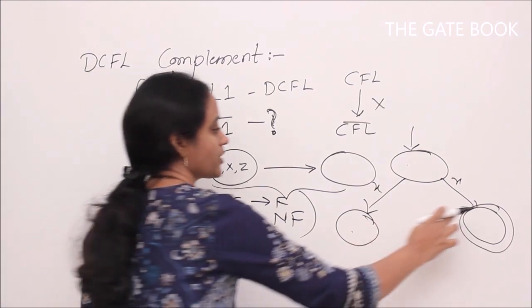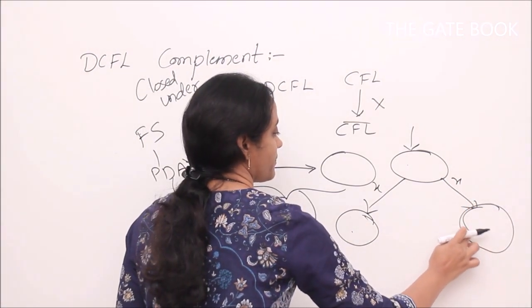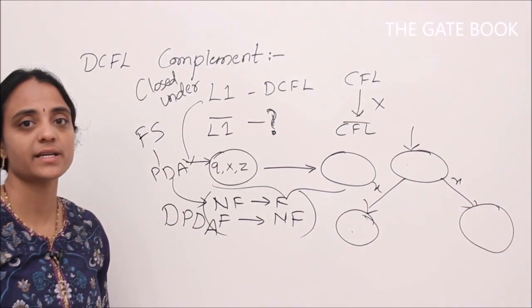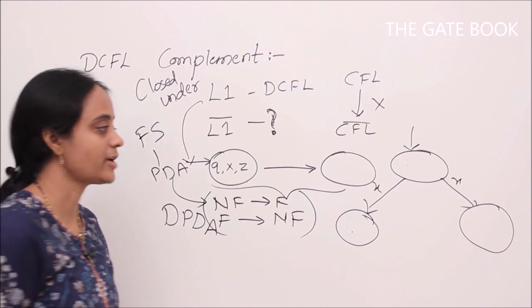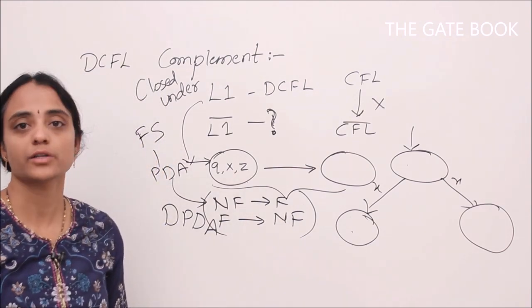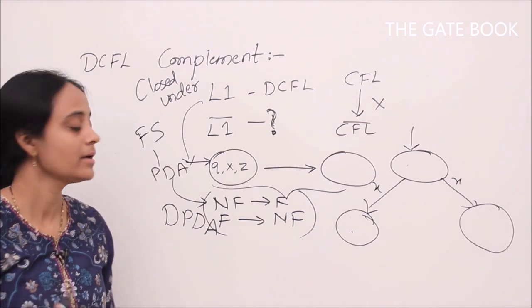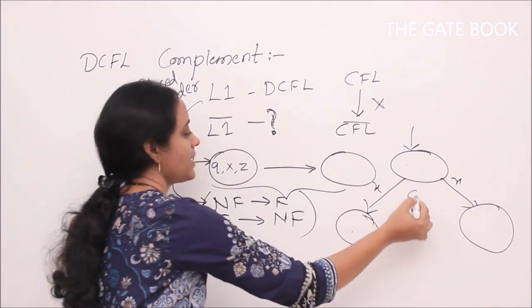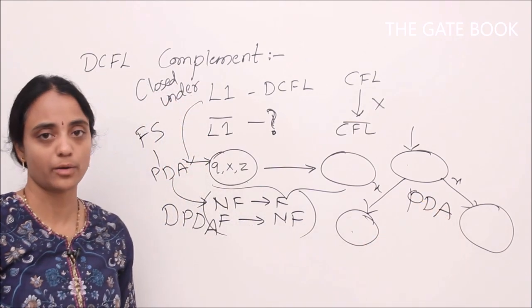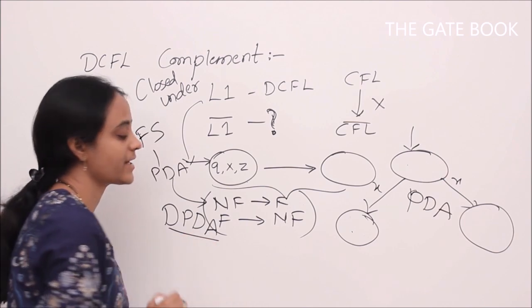What if we make both of them non-final? Then there might be some cases where it was going to a non-final state before and even now it is going to a non-final state. That also we don't want to happen, right? So for a normal PDA we cannot have a construction for complement, whereas for a DPDA it is easy.